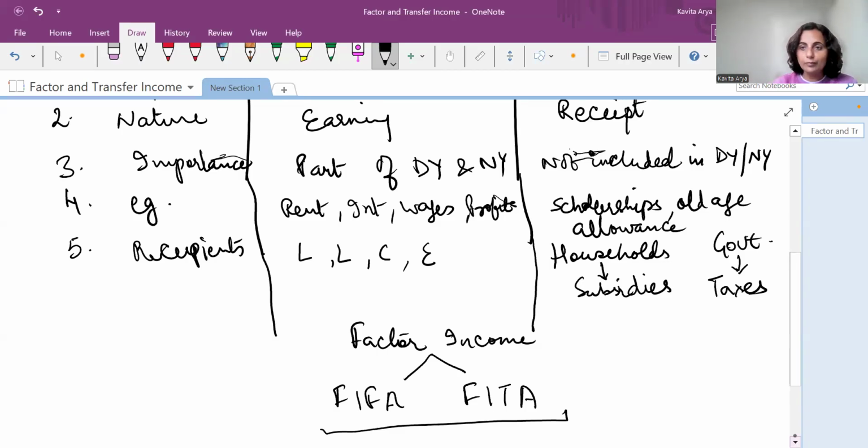So we need to have both the calculations sorted to find the net value of the factor income, which is to be used in the national income calculation. So when we say this is a part of domestic territory as well as outside domestic territory.